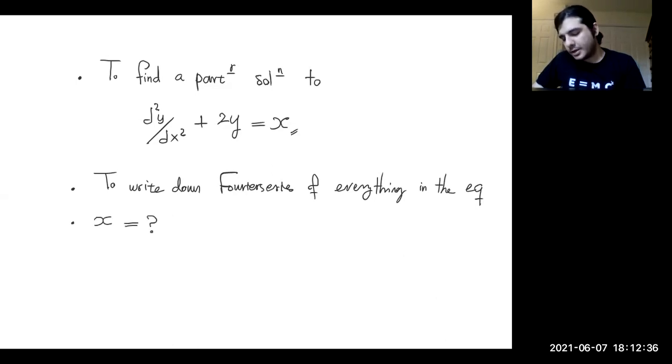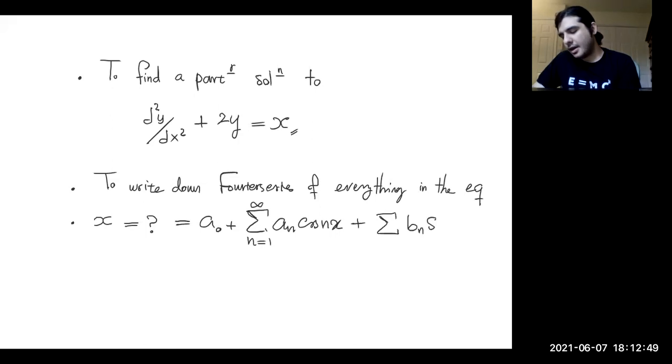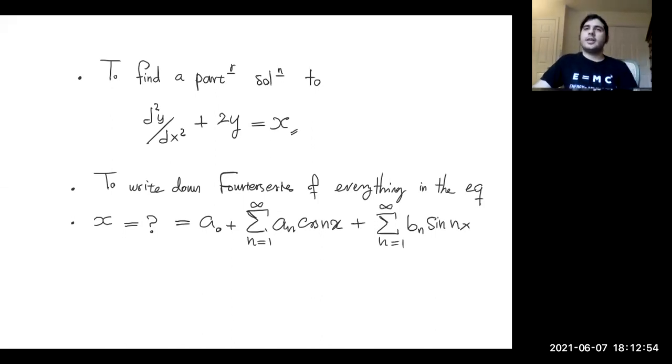Let's say we would write it as a naught plus sigma an cosine nx, where n goes from 1 to infinity, plus sigma bn sine nx, where again n goes from 1 to infinity. Now we want to compute these coefficients, an and bn, and of course a naught. The first thing to note is that this function x is odd. Yes, that is correct.